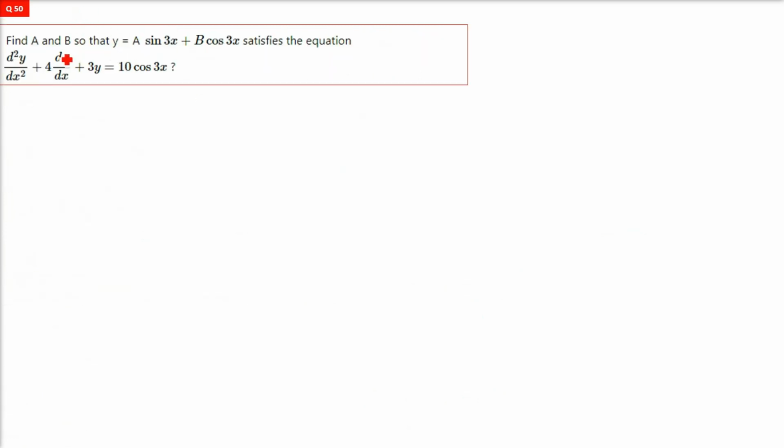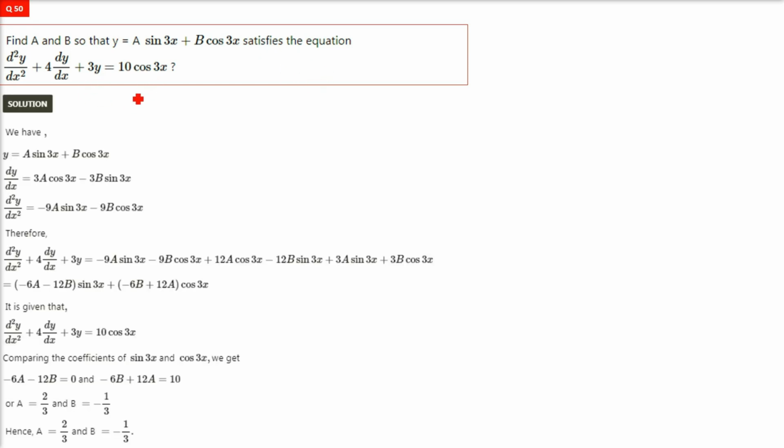Okay, find a and b so that y equals a sin 3x plus b cos 3x satisfies the equation. So this dy by dx and d2y by dx2 just has to be computed and placed in this equation. And let us see what we get. Y is a sin 3x plus b cos 3x. So dy by dx is nothing but a sin 3x is cos 3x, and 3x differentiation is 3 only.